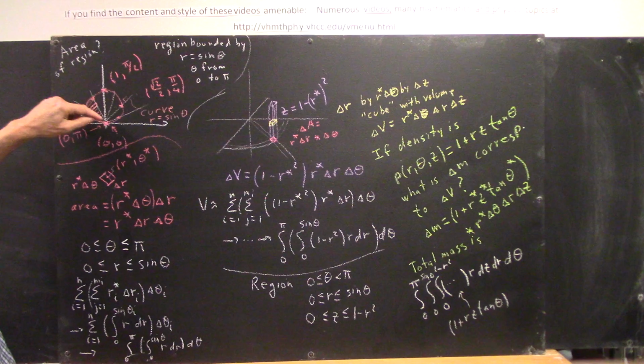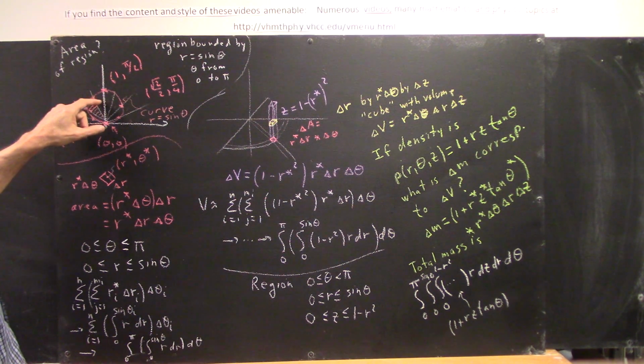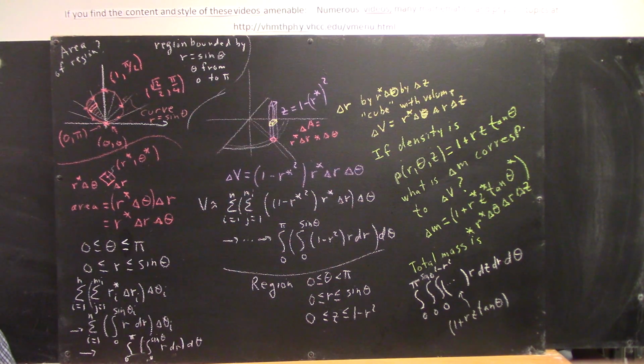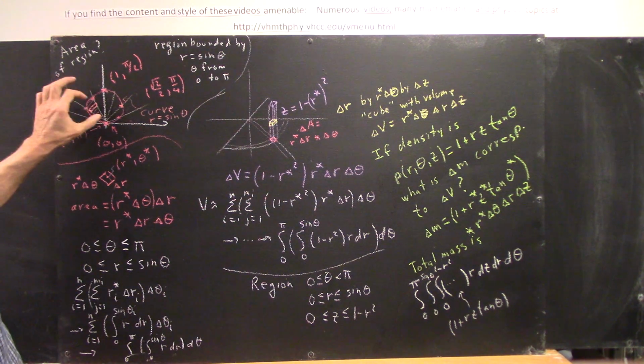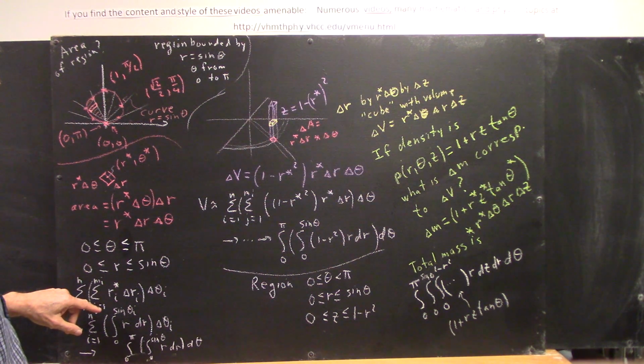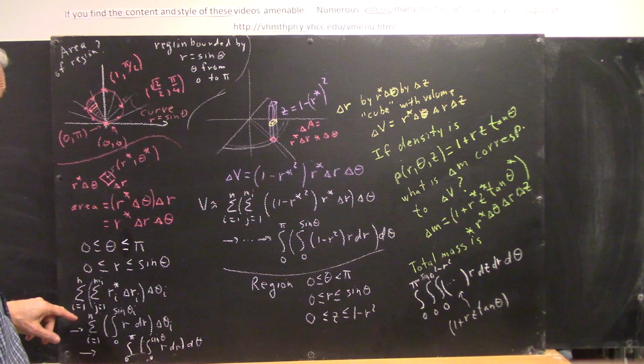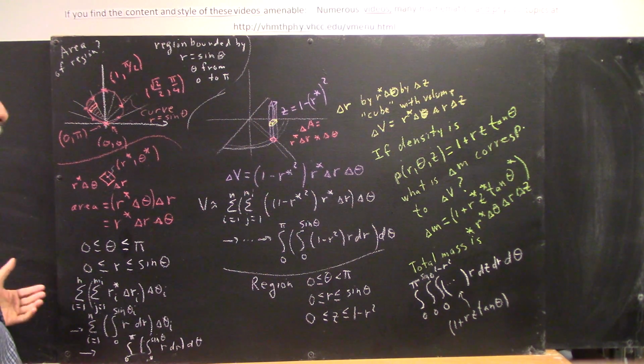So for this particular theta, let's see, 1, 2, 3, 4, 5, 6. This is our sixth theta interval, so this would correspond to i equals 6. And we would have 9 r intervals within that sixth theta interval. So we would go from j equals 1 to 9 for i equals 6.